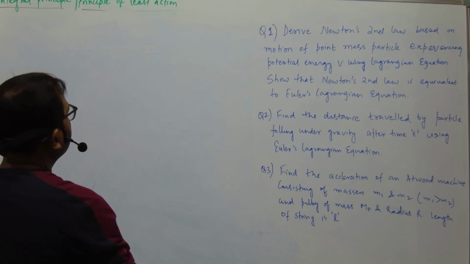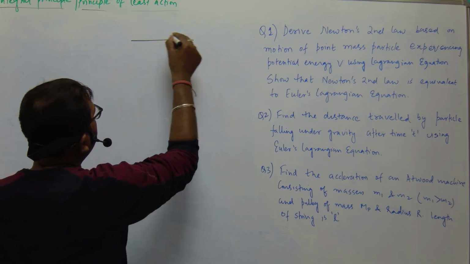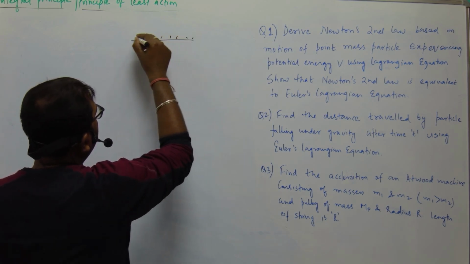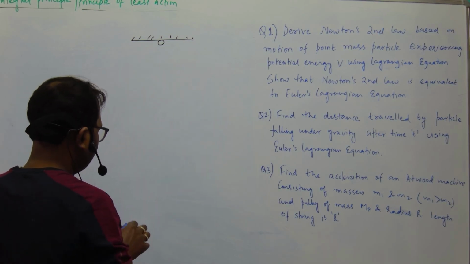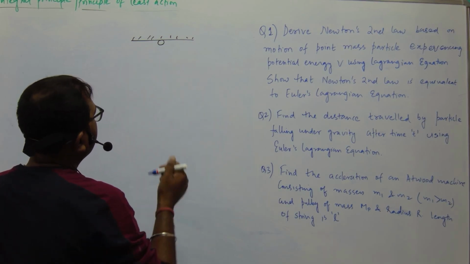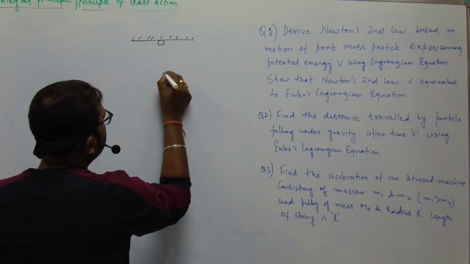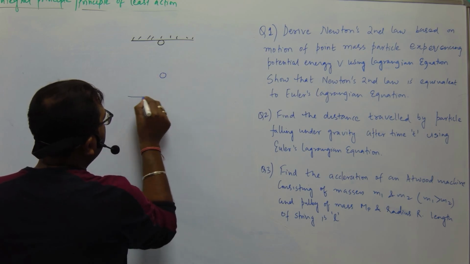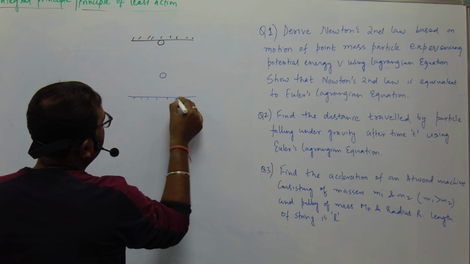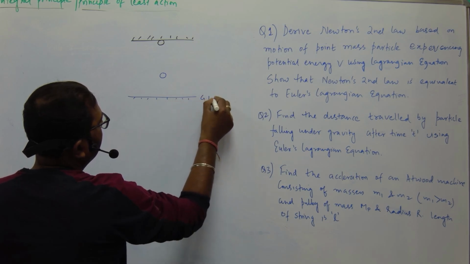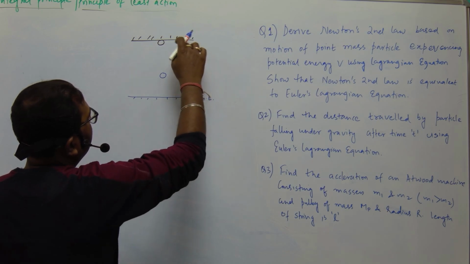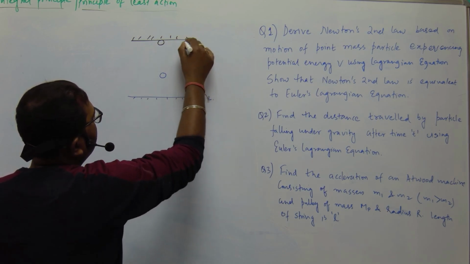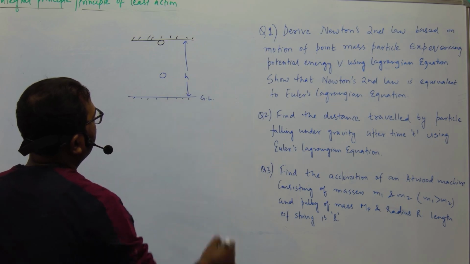Let us just take a particle here. The initial position of the particle. Let us consider the ground level here. This is the ground level. The initial position of the particle is at a height h from the ground level.